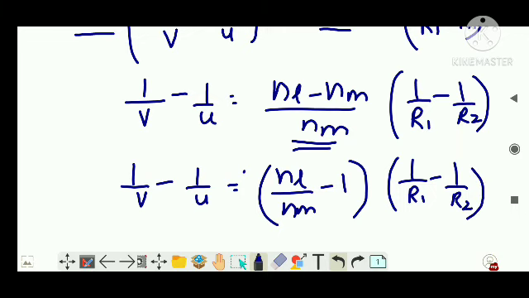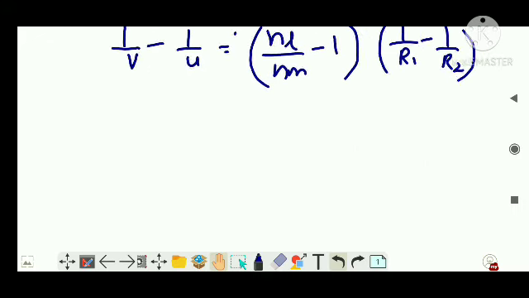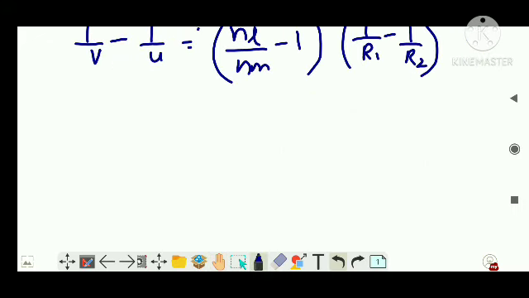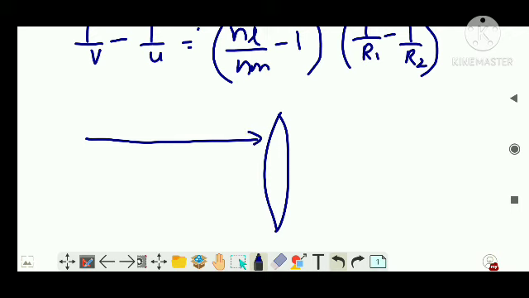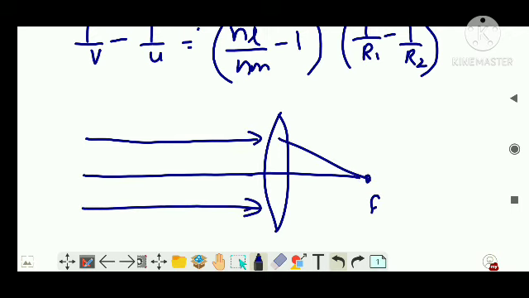Clear? The equation you have written here is a short form, not yet the final one, but it is the breaking point for the Lens Maker's formula. Now next section: suppose this is our convex lens. Light coming from infinity will meet at the focus.